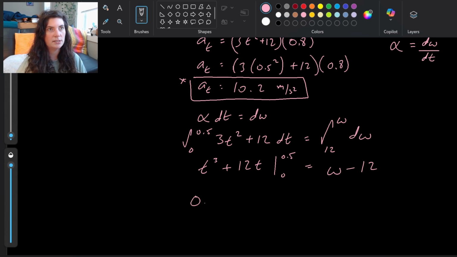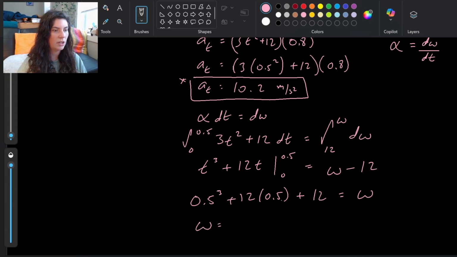So here I'm going to get 0.5 cubed plus 12 times 0.5, plus 12 from this 12 on the right side, to get that omega value. So the angular velocity at 0.5 seconds is 18.125 radians per second.